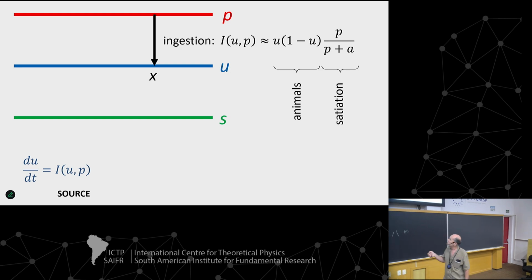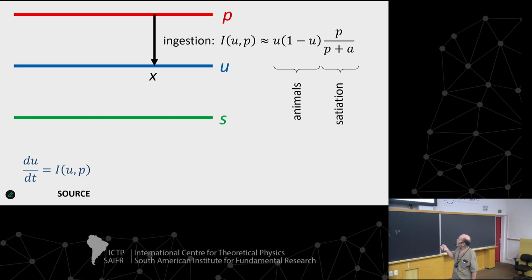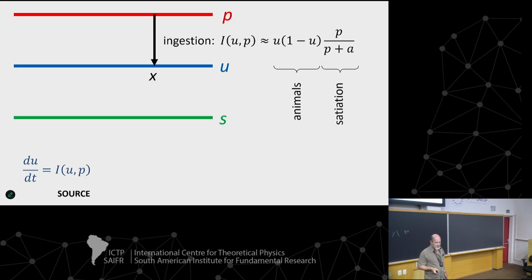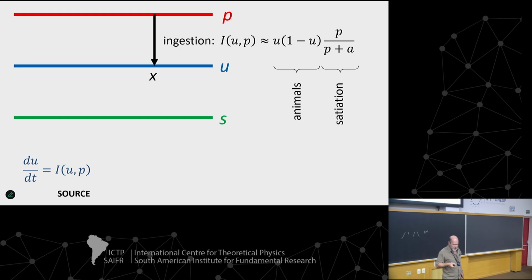In principle, ingestion will depend on the density of animals, which are the ones that eat them, and of available seeds. And since essentially the seeds at this level are inside the animals moving, the dependence on U can be modeled as a typical logistic term, typical of population dynamics of animals.